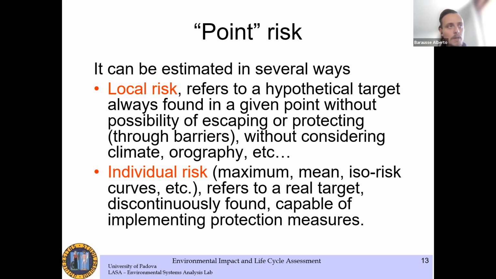You could think of a person commuting from the mountains to Padua every day, and assess the health risk in the case of that person commuting in and out of the Po River floodplain. So he is exposed to bad air quality only during a fraction of the day because this person commutes. So we're speaking about individual risk.